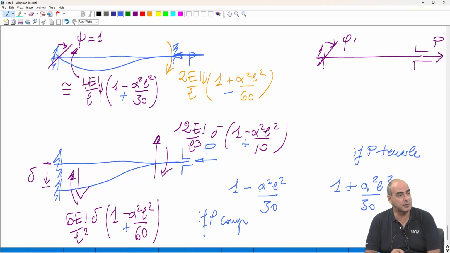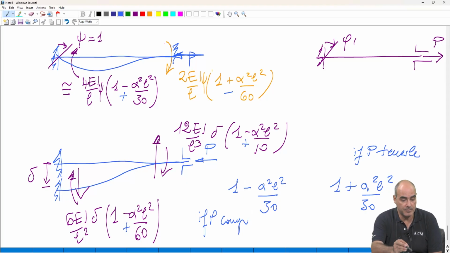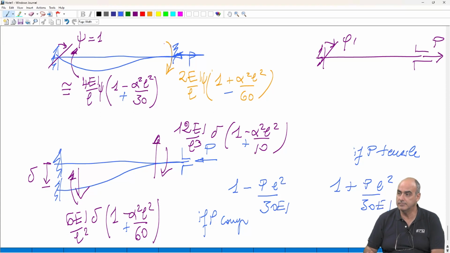But what is alpha square? It's P over EJ. But then, why not bring this minus sign into P?